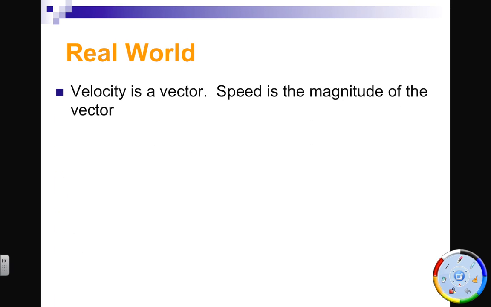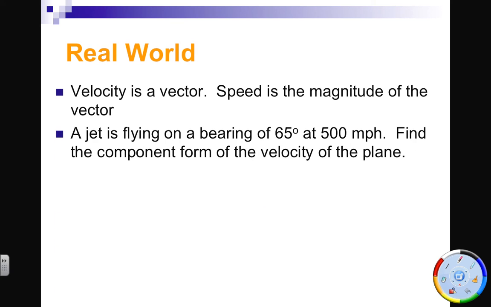Let's look at least at the first real world example here. Velocity is a vector, so we can represent speed as being the magnitude of the vector. If a jet is flying at a bearing, so again, that bearing word comes into play, at a bearing of 65 degrees at 500 miles per hour, what's the component form of the velocity of the plane?